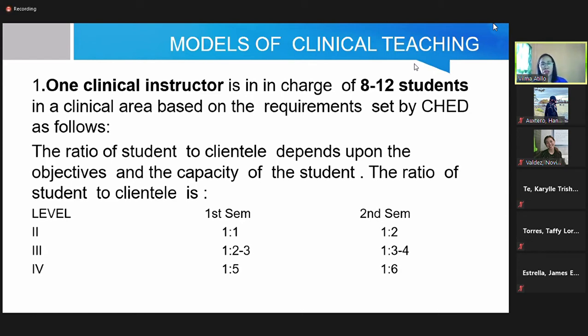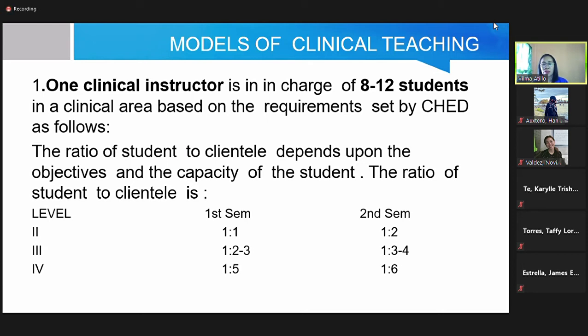So, the ratio of student to client depends on the objectives and the capacity of the student. The ratio of the students to client is Level 2, 1:1, the first semester. Level 3 is 1:2 or 3. Pag first sem, then, ayan, level 4 is 1:5.